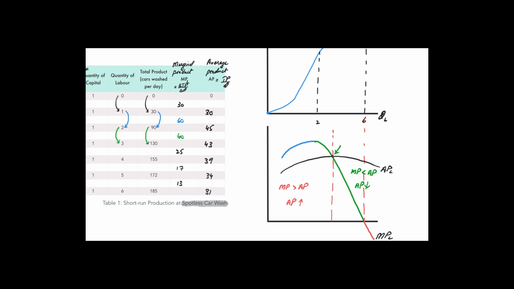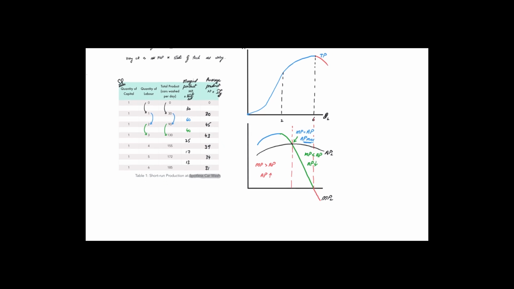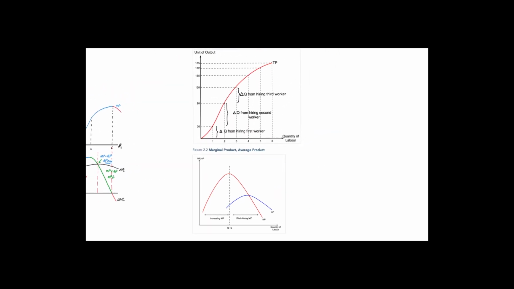And at this peak point, your marginal product is equal to the average, and so your average is at its maximum. So these conditions you need to know by heart for essay purposes and all. And that's how our diagram basically looks like. It's there in the notes.